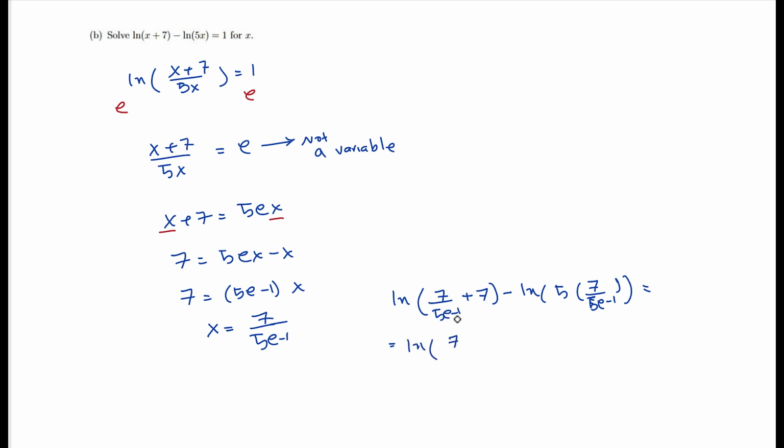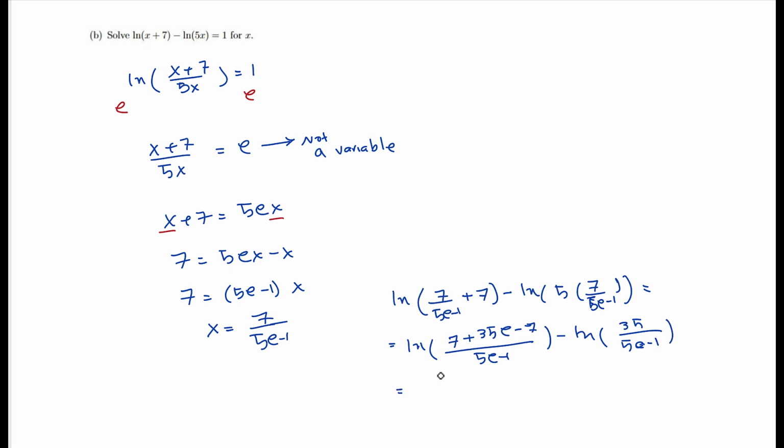Common denominator gives me 7. I have to multiply top and bottom of this denominator, so it would be 35e minus 7 over 5e minus 1, minus the natural log of 35 over 5e minus 1.